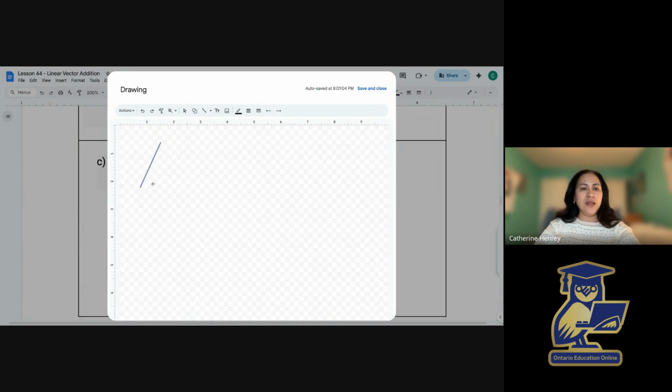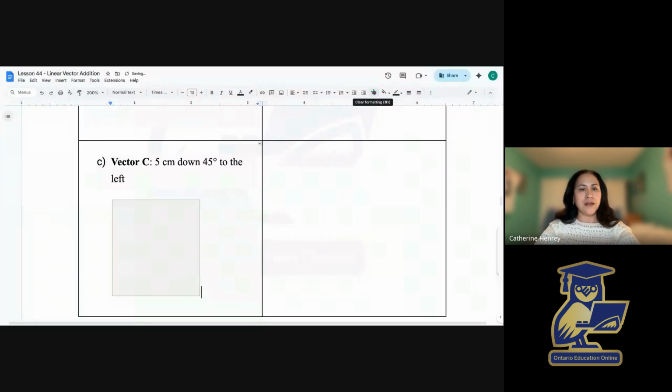Now, it doesn't have to be exact. We'll come back to that in the next lesson. But for now, we just want to make sure that it is off center, pointing in the down direction and off to the left. So we're going to put a text box again beside your vector. And this one was 5 centimeters. There, save and close.